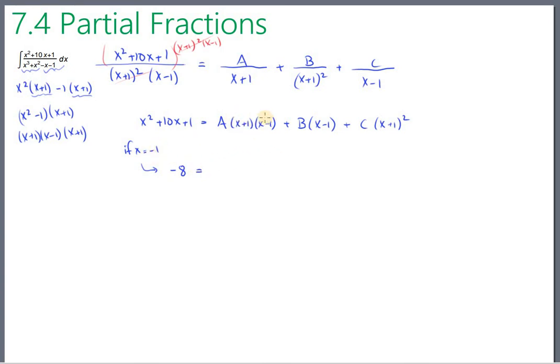So negative 1 right there zeroes out, so that's 0 times that whole term. That whole term's gone. I also get b times negative 2, and this term will zero out. So I get b is 4. All well and good.